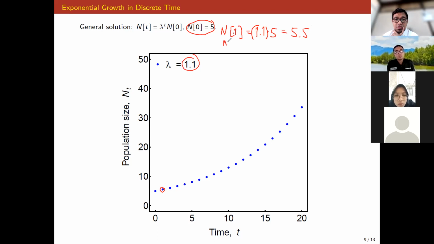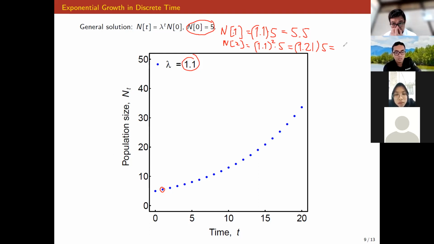N2 is 1.1 to the power of 2 times 5. 1.1 squared, what is the value? 1.21, is that correct? Times 5. What is the value of this one? 1.21 times 5.